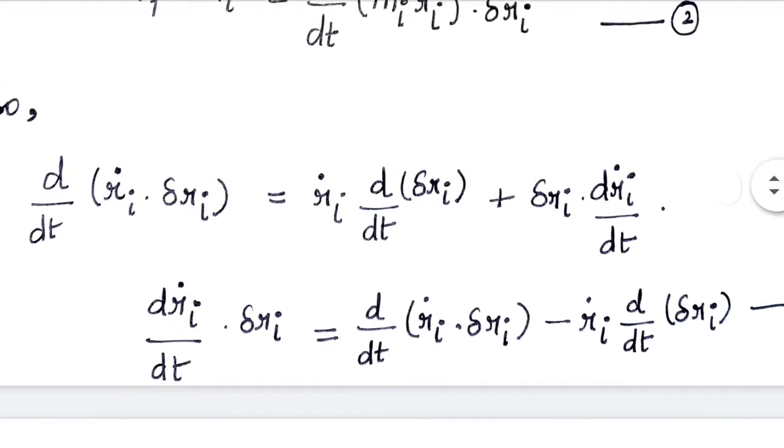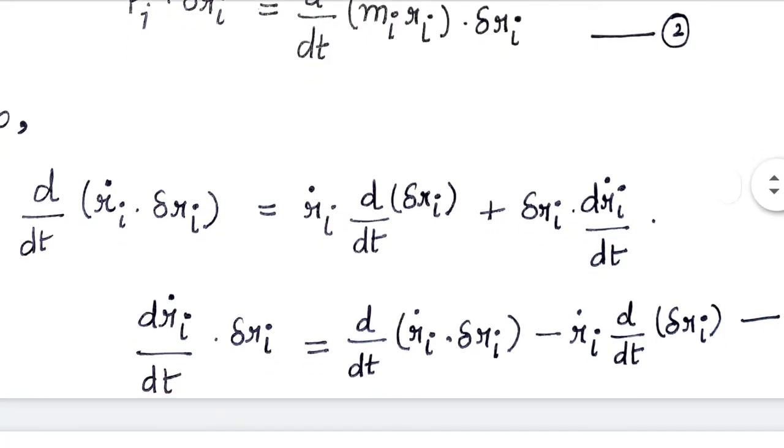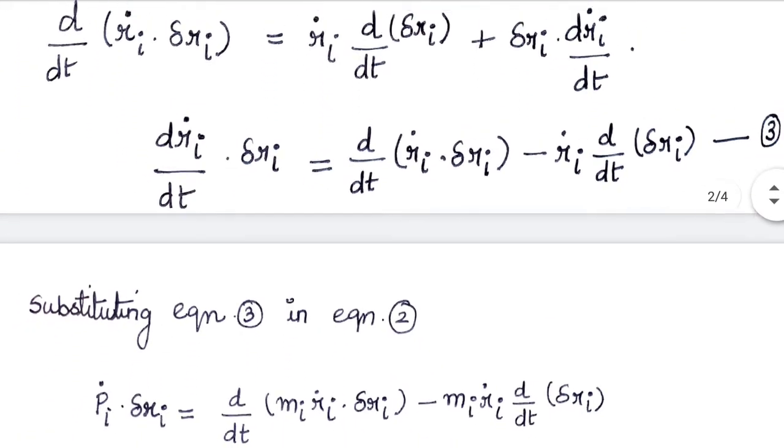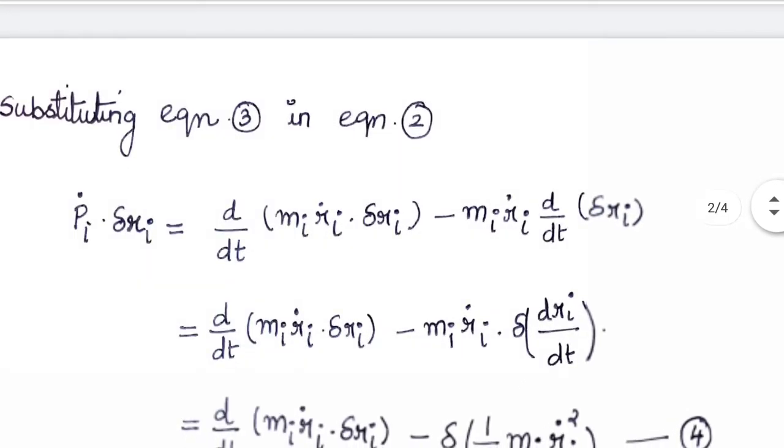Let us take this as equation 3 and substitute it in equation 2, that is, in place of d by dt of Ri dot into delta Ri. Substituting, we get Pi dot into delta Ri is equal to d by dt of Mi Ri dot into delta Ri minus Mi Ri dot d by dt of delta Ri.